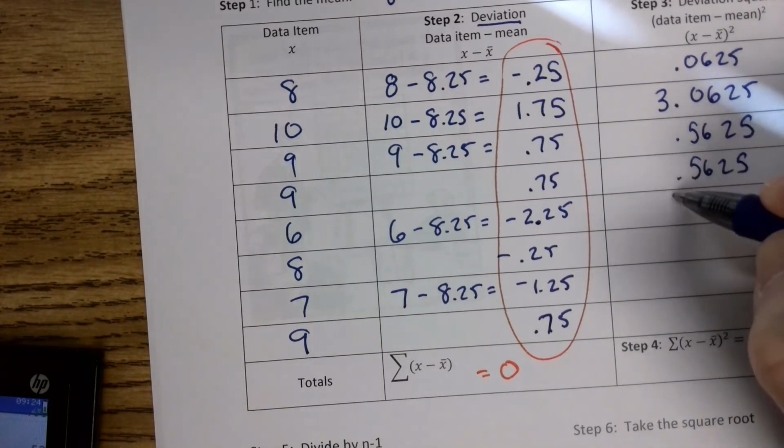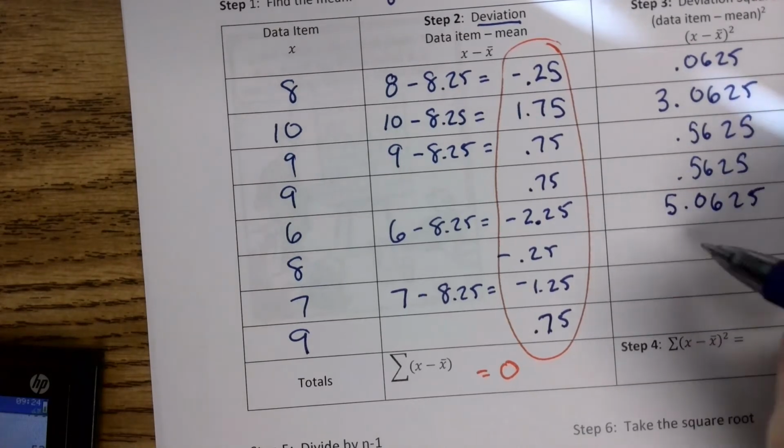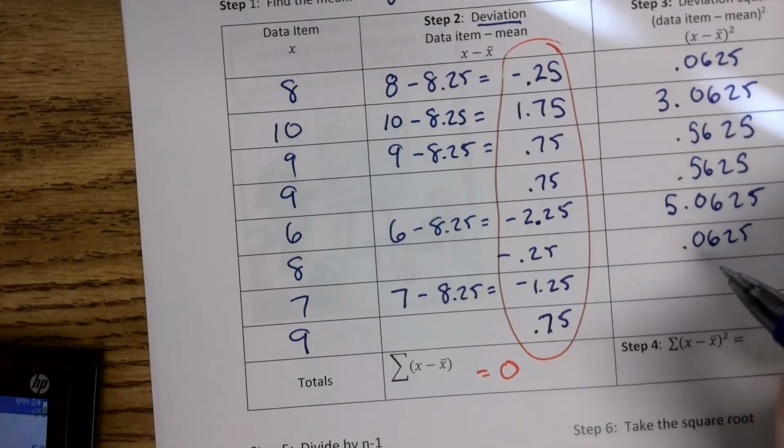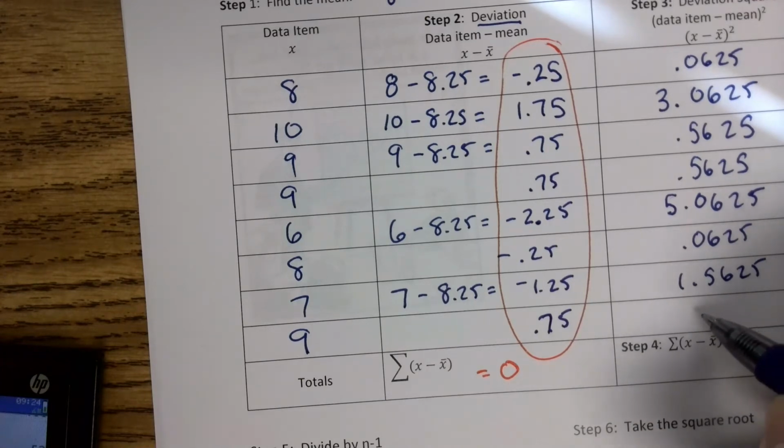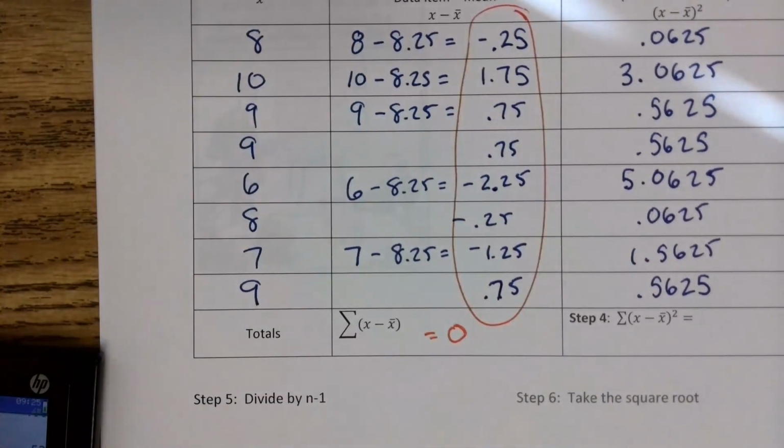This is 5.0625. 0.5625. 0.5625. Okay, so all I did was square these numbers, and now they're all positive.